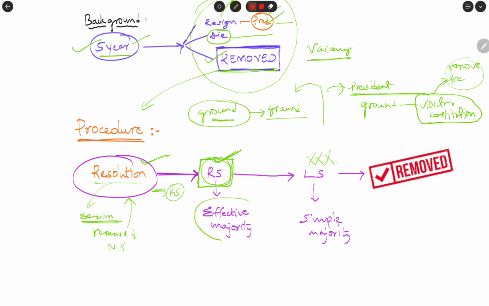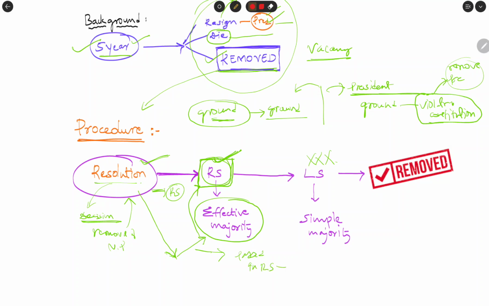That is an effective majority. If this removal resolution gets the effective majority in the Rajya Sabha, then it is considered passed in the Rajya Sabha.